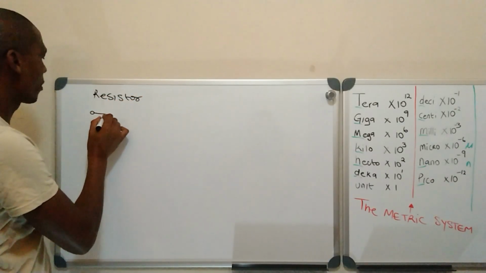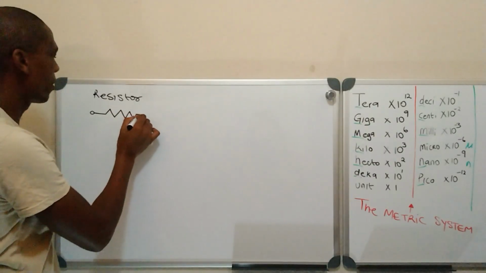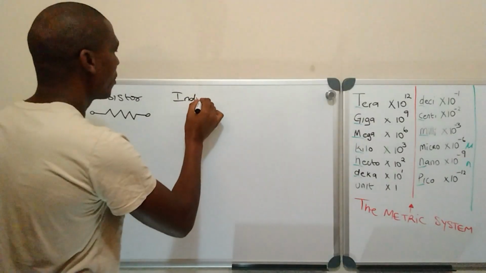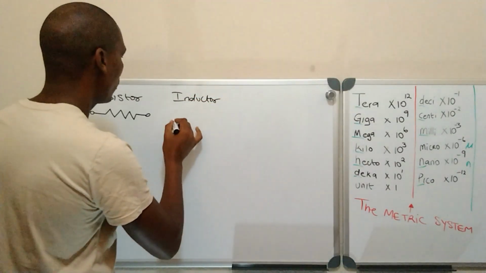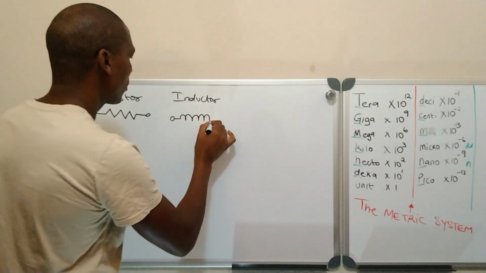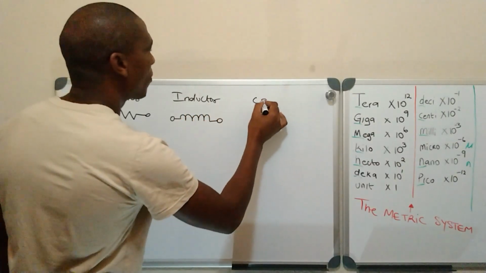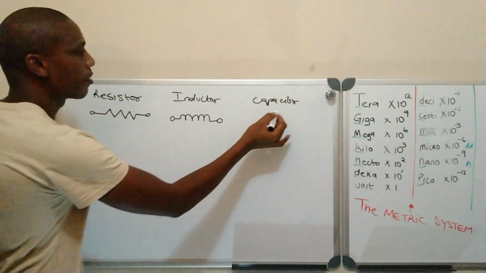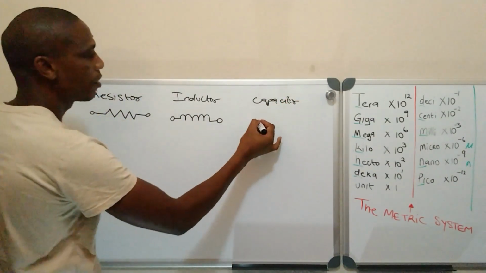The symbol of a resistor looks something like this, with the sharp edges. And then an inductor. Another name for the inductor is a coil. Some countries call it a choke. And a capacitor. All these are passive electronics components.